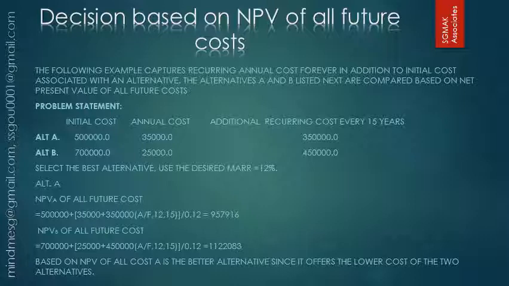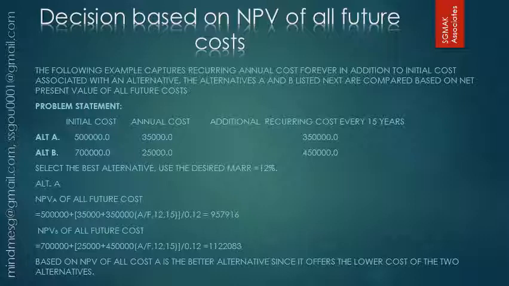Alternative B uses a different method and different materials, has a slightly higher initial cost, a lower annual cost, but a slightly higher recurring cost every 15 years.